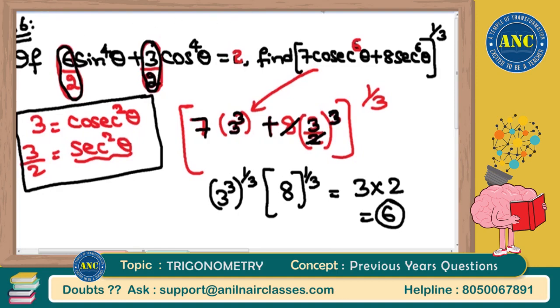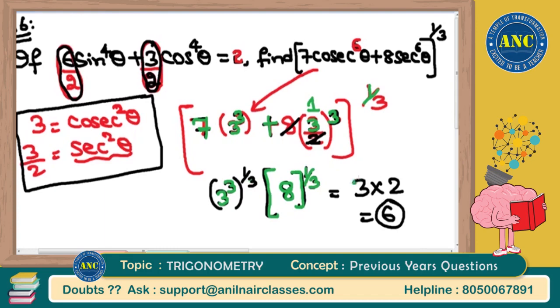Now the last step: here I have 3 cube, here also I have 3 cube. I took that 3 cube common factor, and power 1 by 3 also I took outside. If I take 3 cube common factor, here I am left with 7 plus, in this case I am left with 1. Everything I have taken out, so 1 is left. 7 plus 1 is 8. 8 to the power of 1 by 3. 3 cube power 1 by 3.